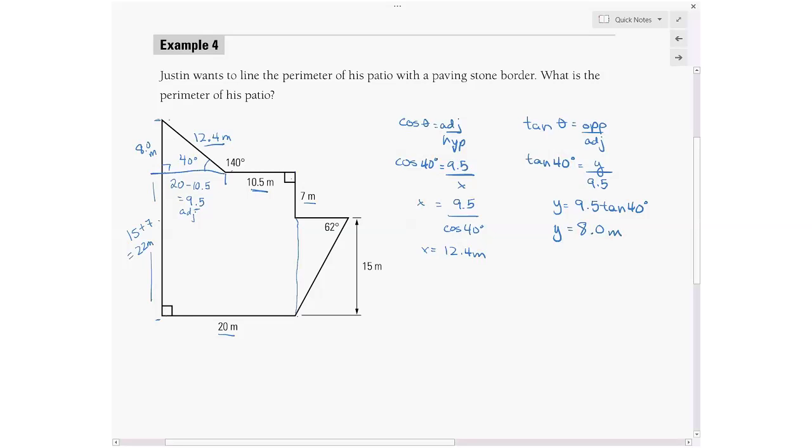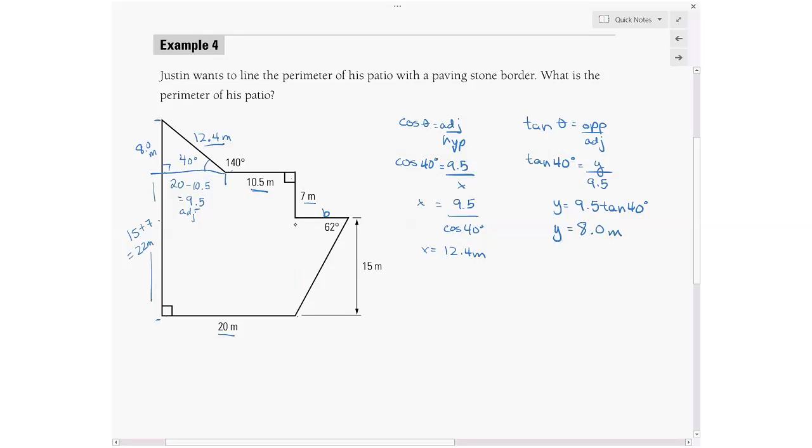So I've got this figured out. I have 12.4, this is 10.5, this is 7. Now I've got to figure out this side here. Let's call it B, and we'll call this E. Sorry, I don't want to call that one E, I know what that is already.